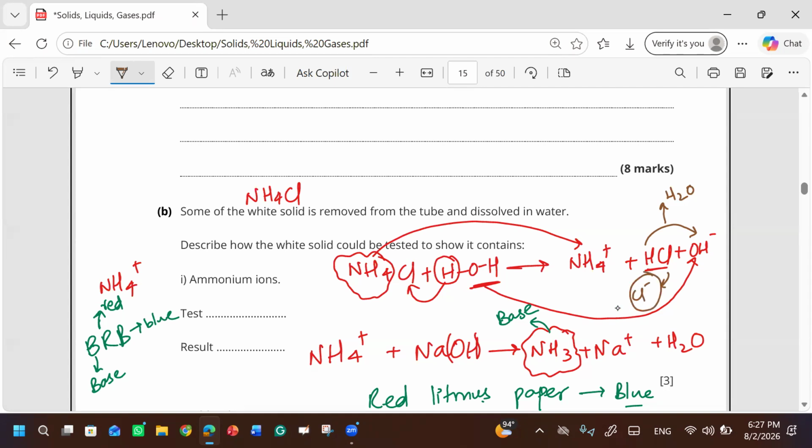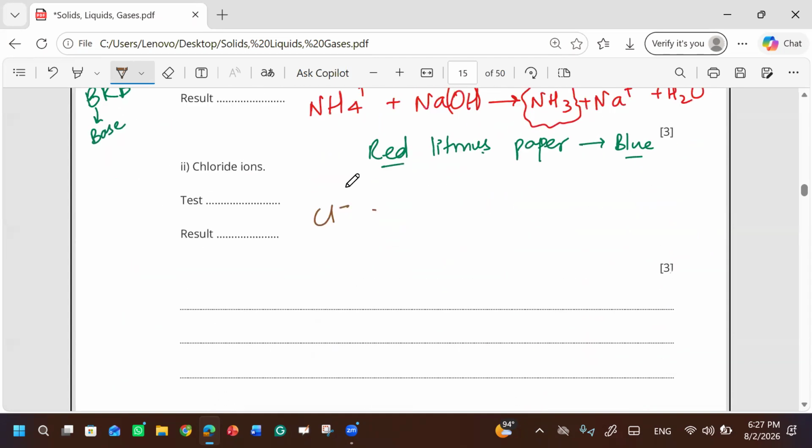Now you are going to check whether chloride ions are there or not. You will add nitric acid to the solution and some drops of silver nitrate as well. This is standard: for testing chlorides we add silver nitrate.